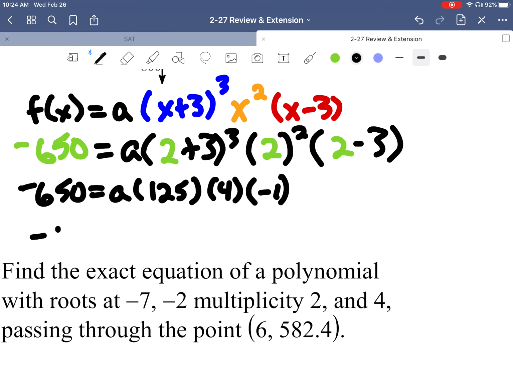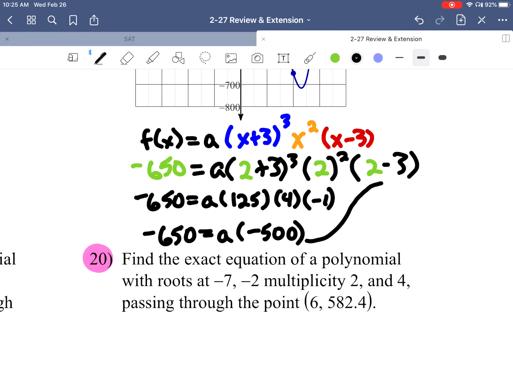So now I have -650 is equal to a times the quantity 125 times 4 times -1, which is -500.